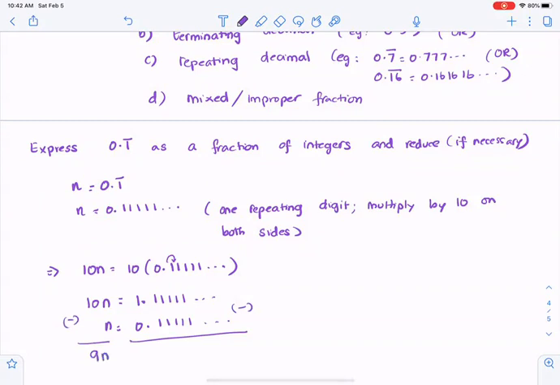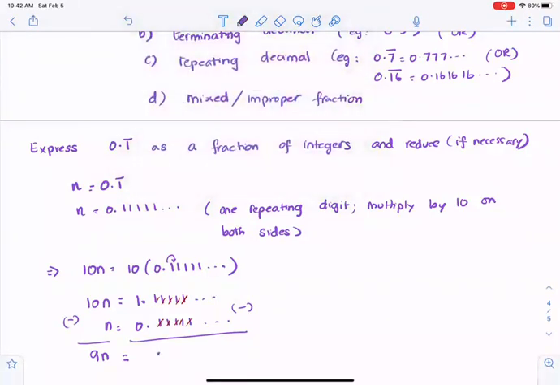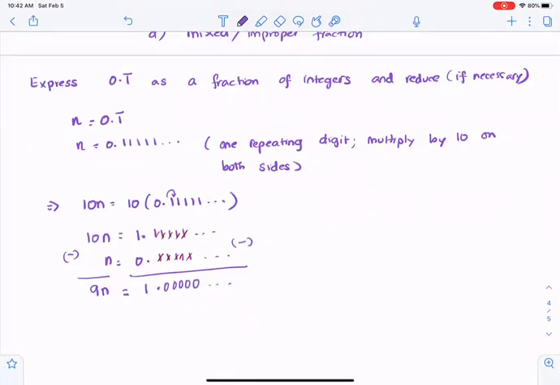So 9n would equal 1 minus 0, with 1 minus 1, 1 minus 1, giving 0, 0, 0, 0, 0. If it's happening for those, the answer has to be 0 repeating also.